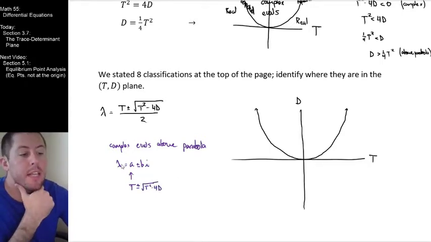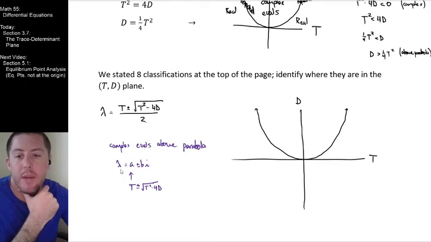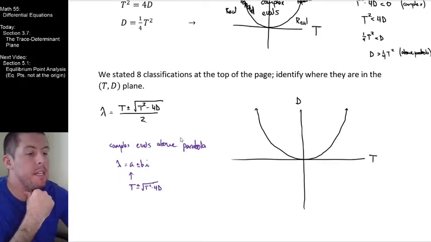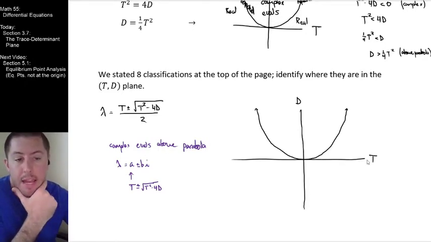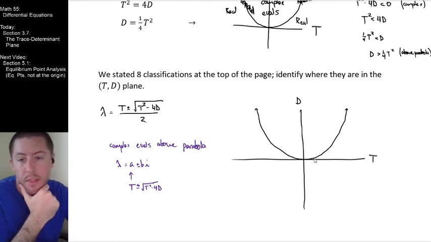So what I know is that the real component will tell us, are we sinking or are we sourcing? So if we are above the parabola and our t value is positive, so we're on the right half, then we should have a spiral source.